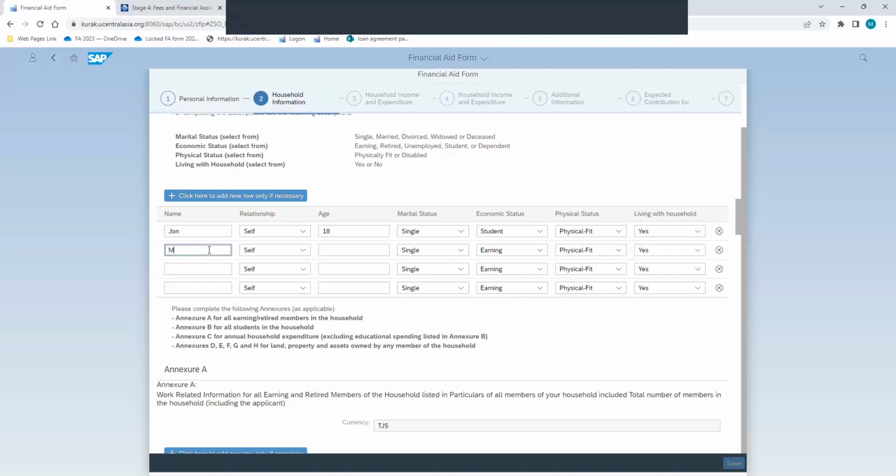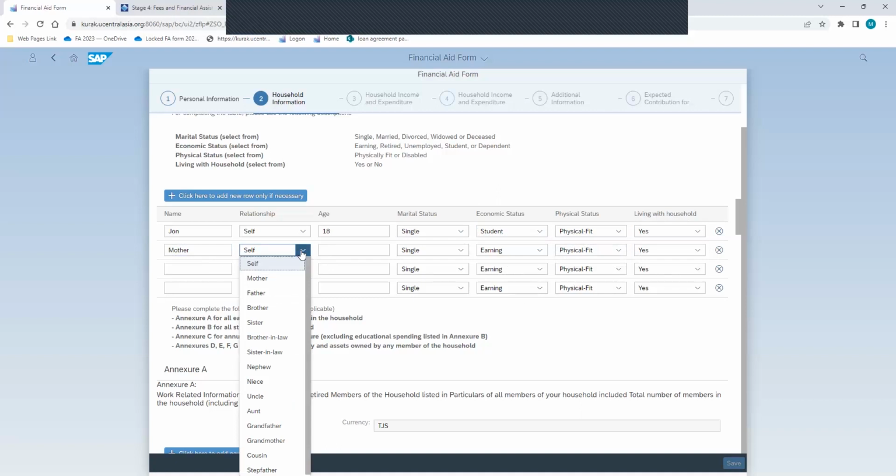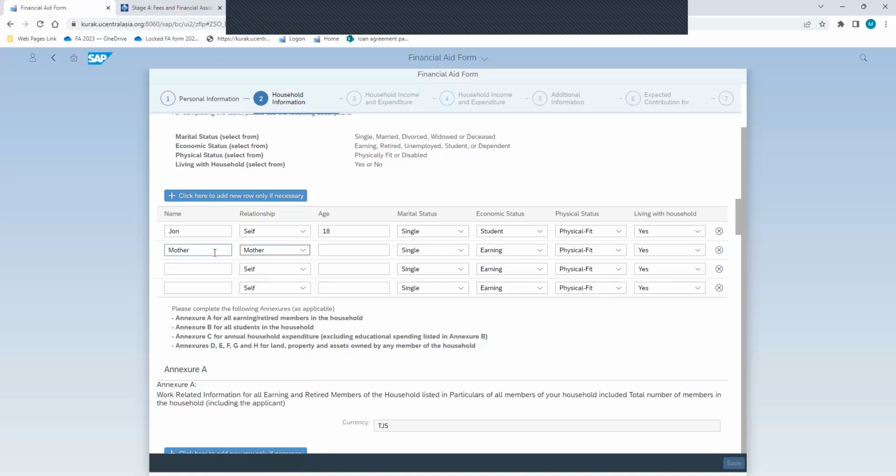Second comes usually, it might be mother. It depends on your choice, but I would just recommend you to start choosing your mother, your parents, and then come down with the other of your siblings or relatives who are living with your household. So in this case, I'm choosing mother here. Actually, you have to write your mother's name.